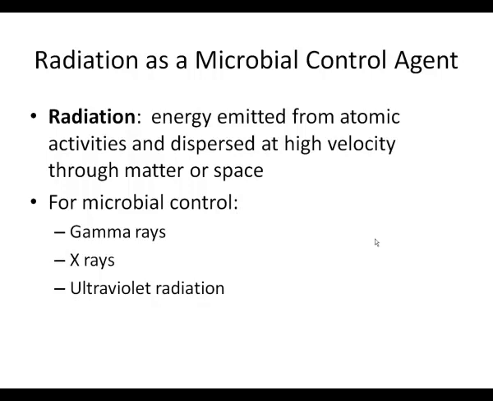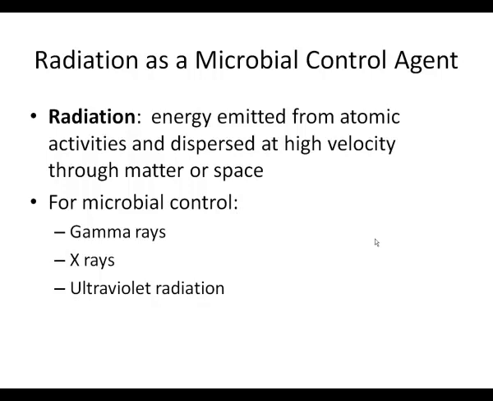We can also use radiation as a microbial control agent. We can either use what is called ionizing radiation or non-ionizing radiation. Essentially what happens is we are going to cause the release of energy from atoms within these rays, these radiation molecules, and they are going to be flung out at such a high velocity that they can go straight through matter.